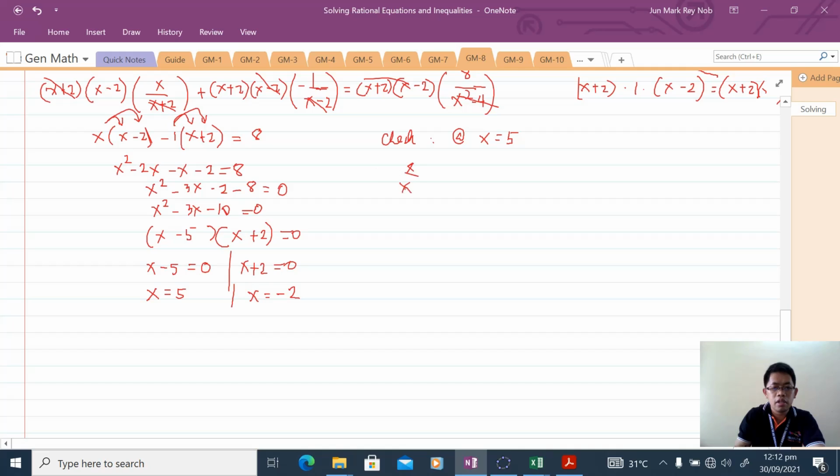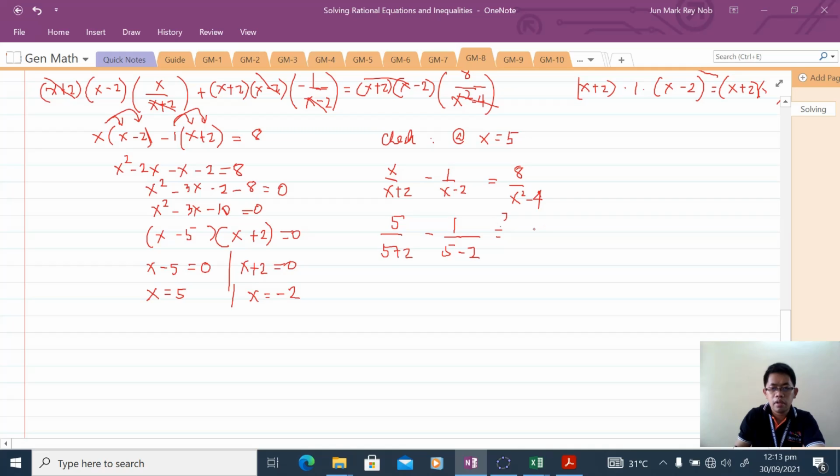The given is x over x plus 2 minus 1 over x minus 2 is equal to 8 over x squared minus 4. Replacing x by 5: 5 over 5 plus 2 minus 1 over 5 minus 2.